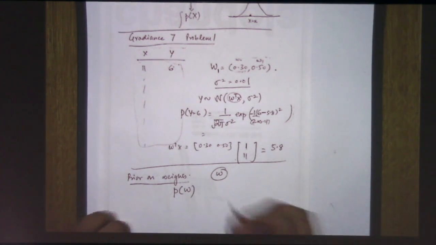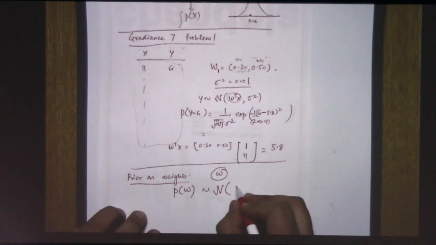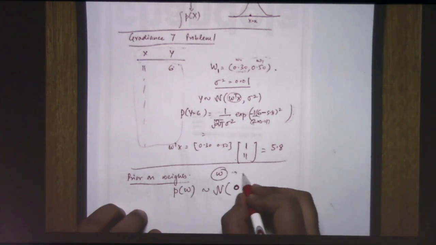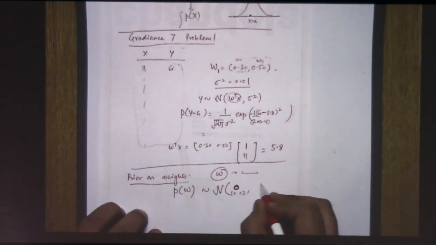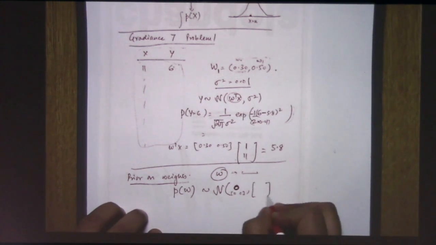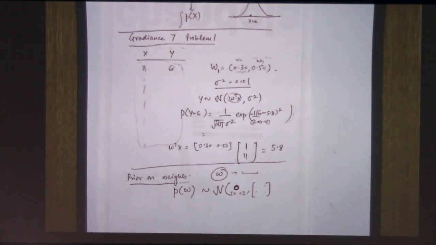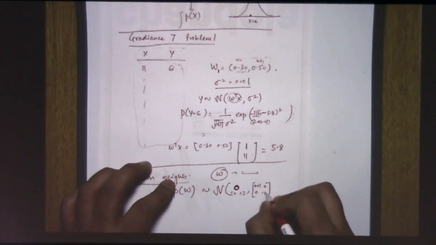In this case, I've assumed that W is a normally distributed random variable with zero mean. Zero, I make it bold because W is, for the first three cases, a two-dimensional vector, so this will be two values of zero. And then there will be a sigma, which will have four entries because it's a 2D random variable. I assume that it is 0.01, 0, 0, 0.01.